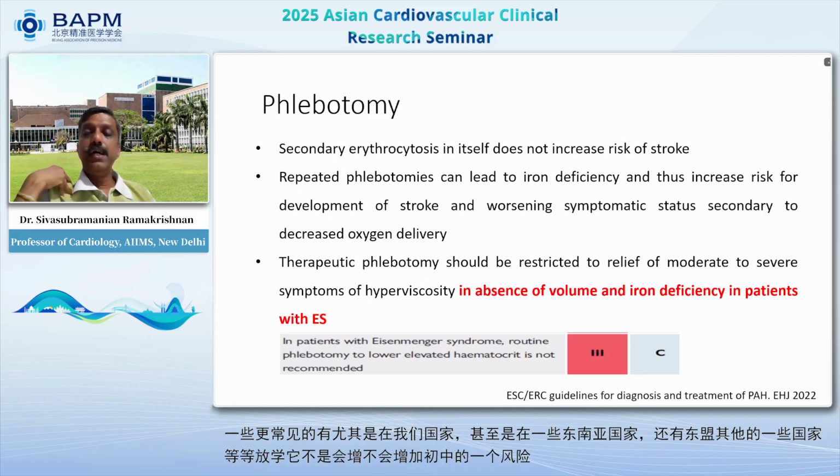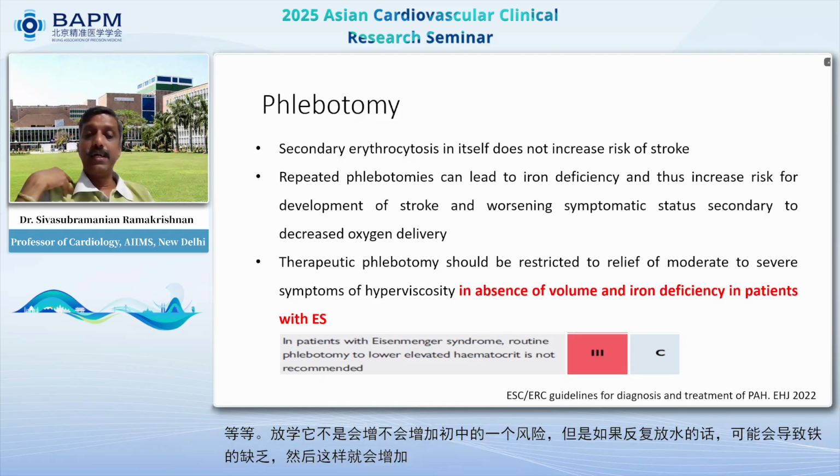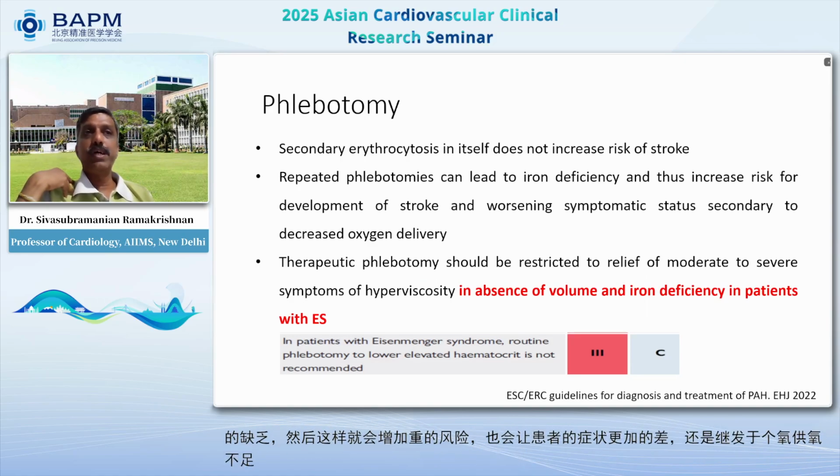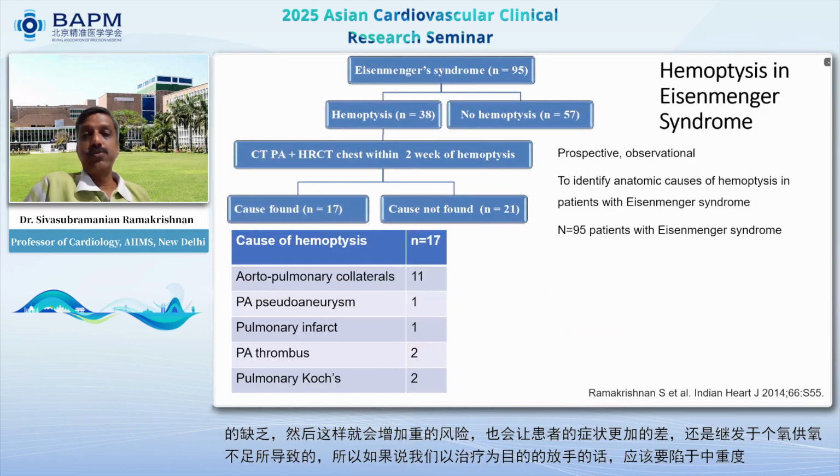So generally, it is reserved for a patient who is symptomatic despite medical therapy, and it should not be routinely performed just by looking at the hemoglobin or the hematocrit. And iron deficiency should be ruled out in a patient with Eisenmenger syndrome.